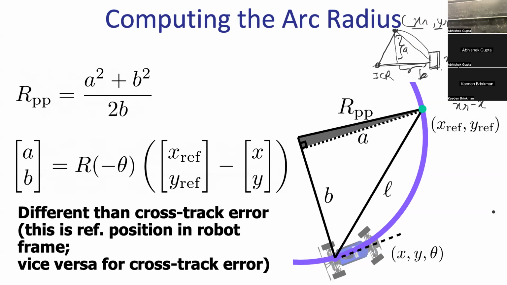So if everything was in the unit frame of reference, then A and B are just the differences between X, Y and XR, YR. Now you're not in the unit frame of reference, so your car is not at 0, 0. So you're just going to rotate it by the angle of the car. That's it. So you're going to take the difference between XR minus X, YR minus Y, and rotate it by the angle.